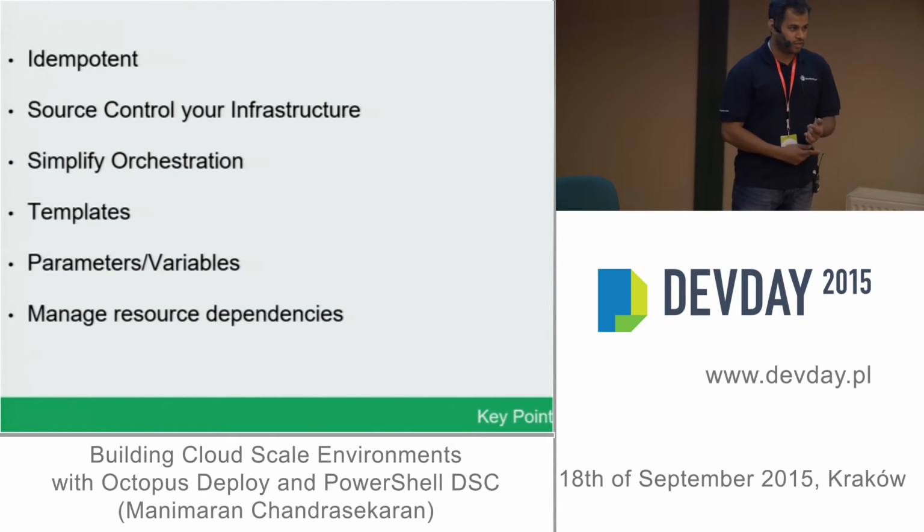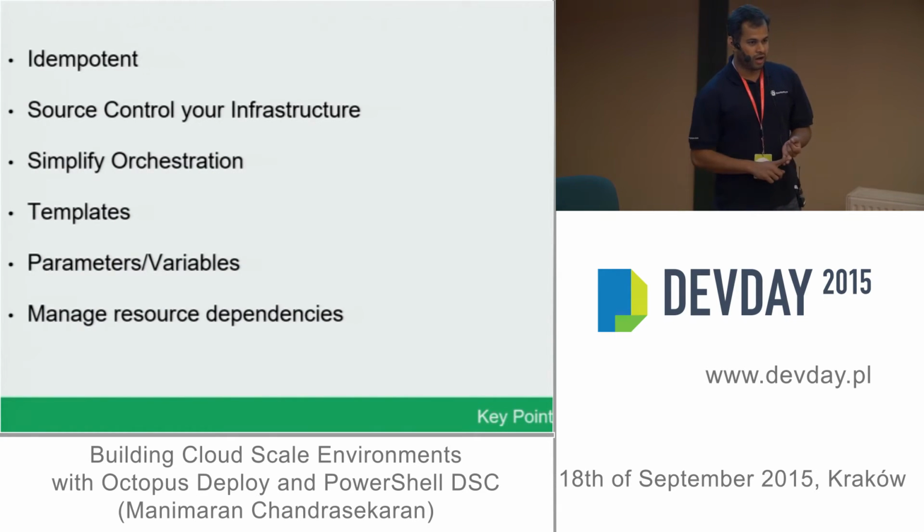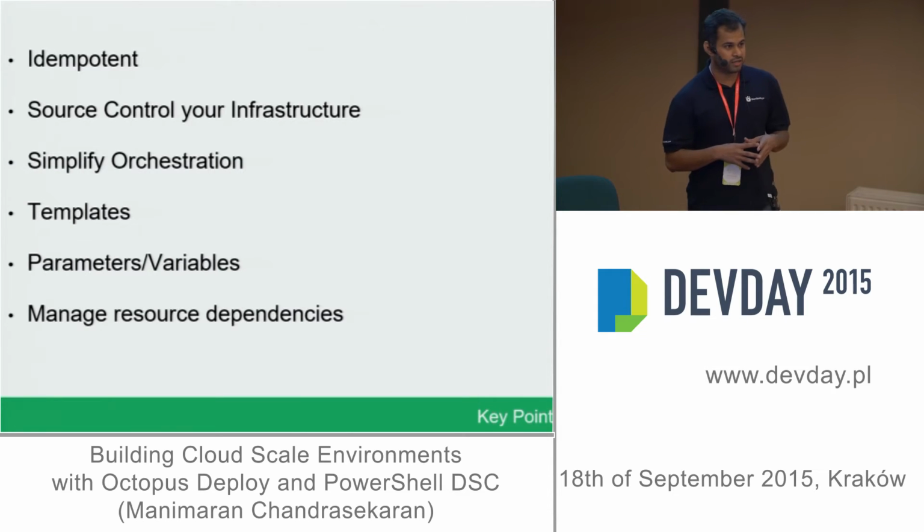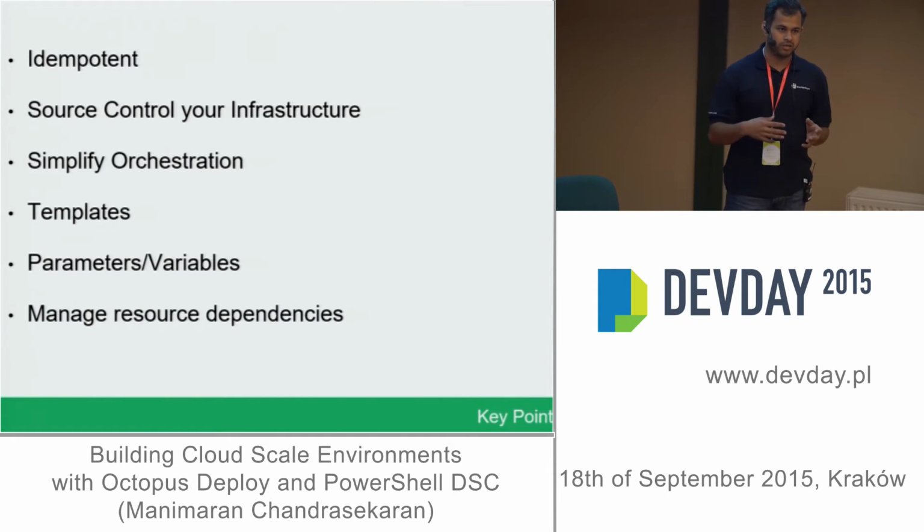It could be infrastructure, it could be the scripts you write. It has to be idempotent. That's one of the key features it has. Source controlling your infrastructure and simplifying the orchestration, and creating the templates and having parameters and variables to pass into the templates makes it much more flexible.